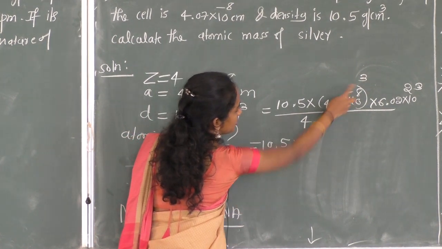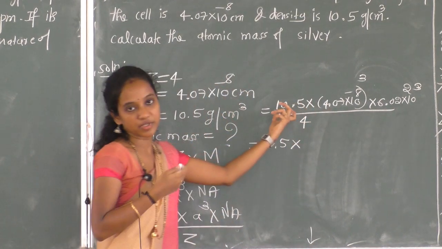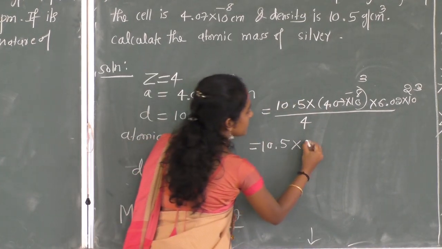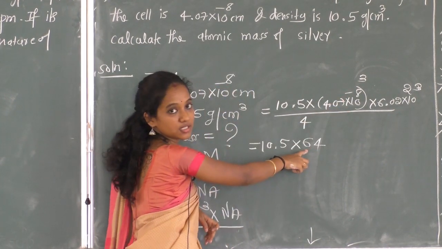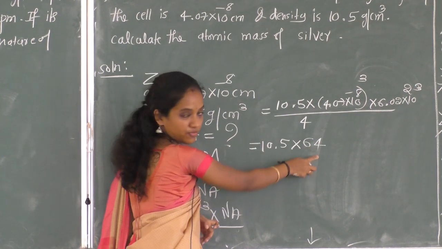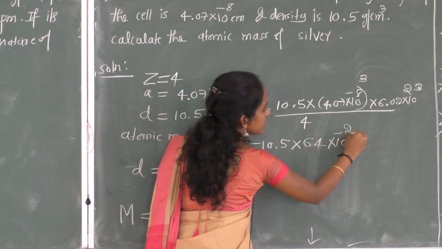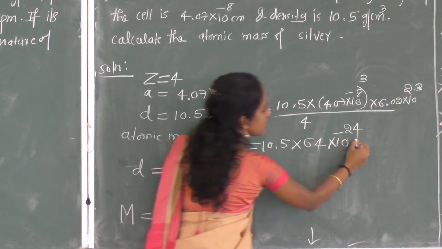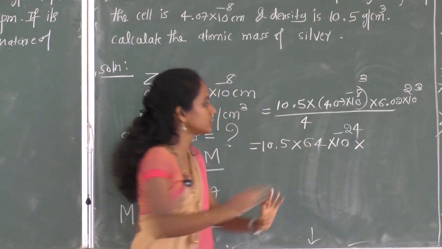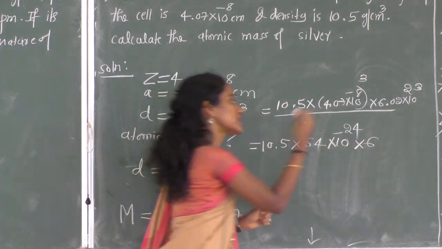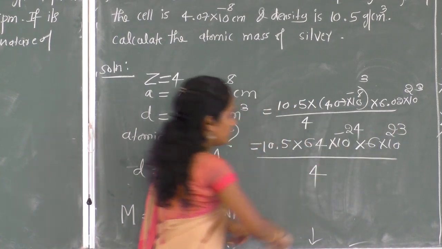10.5 into cube of 4. Almost consider 4.07, approximately it is equal to 4. So 4 cube, you can write like this, 64. 10 to the power minus 8 into 3, it is 10 to the power minus 24. Yes or no? Next, 6.023, I'll consider here as 6, multiplied by 10 to the power 23 divided by 4.